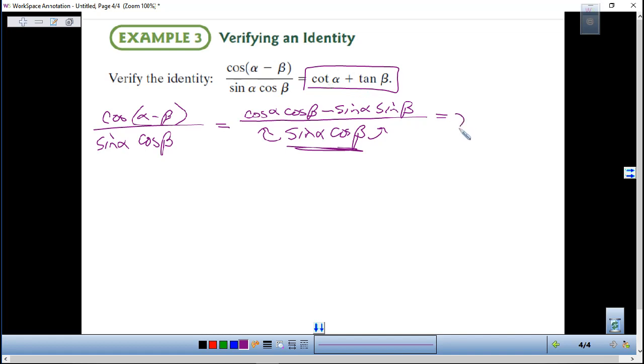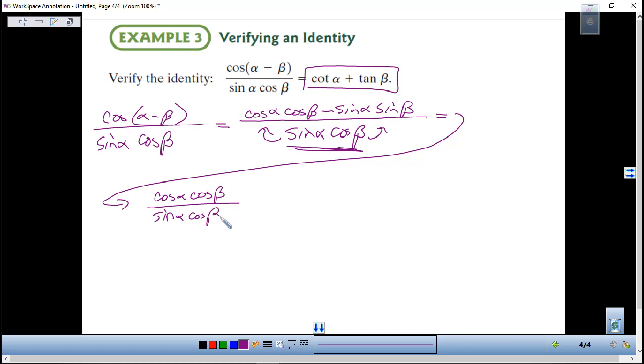So I'm going to move down here so I've got a little more room. You're going to have cosine alpha cosine beta divided by sine alpha cosine beta, minus sine alpha sine beta over sine alpha cosine beta.